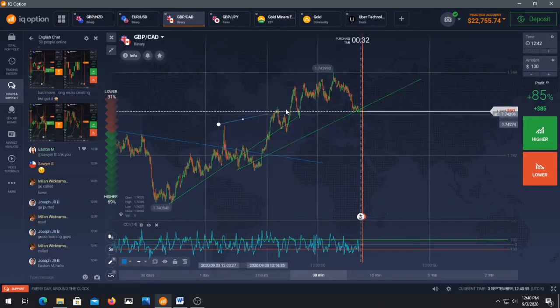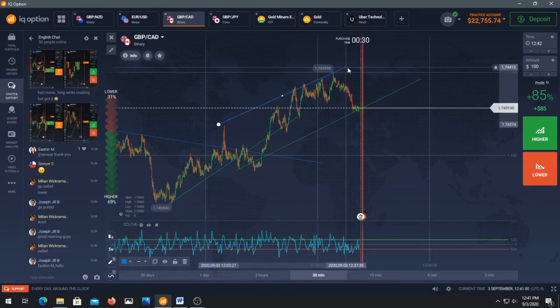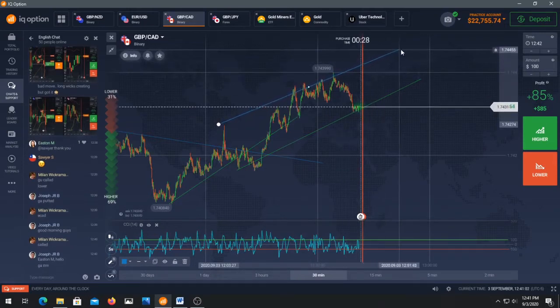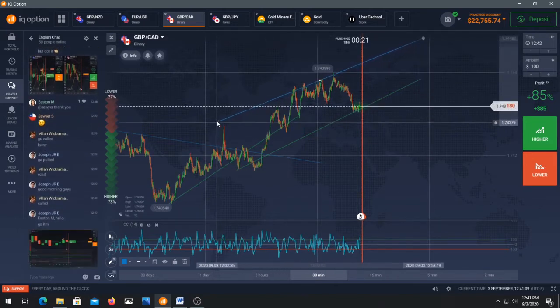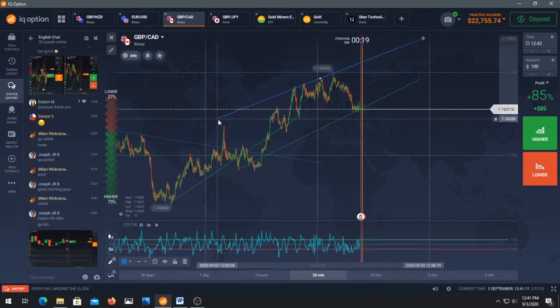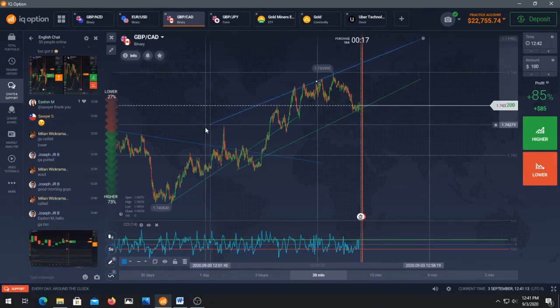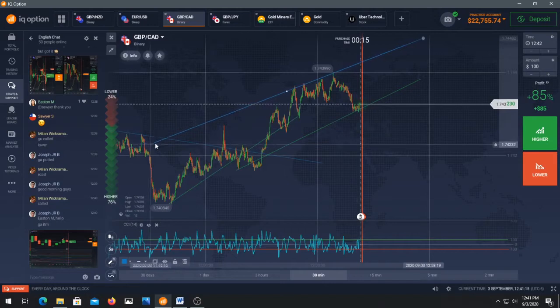I'm just going to catch it from here. So as you can see, let's just fix it up a little bit. This is cut into a whole heap of lines, eh?